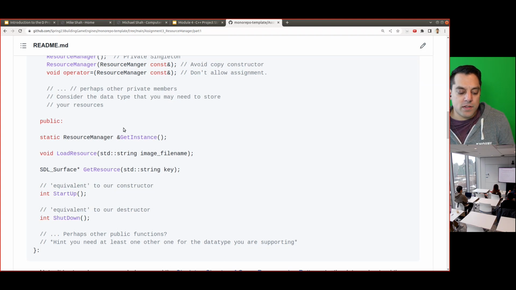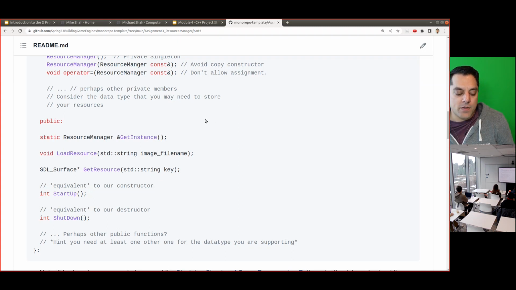Other questions about the previous homework or anything else going on with the course? So just wondering, do we want to keep the surface or the texture in the resource manager? For this assignment, the intent was to keep the surface.